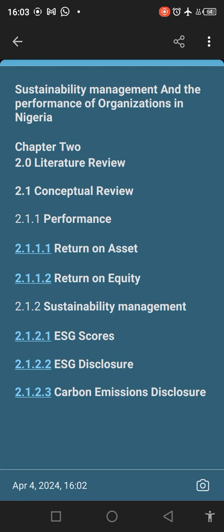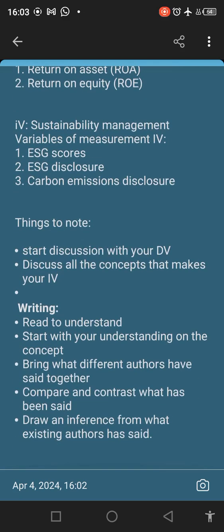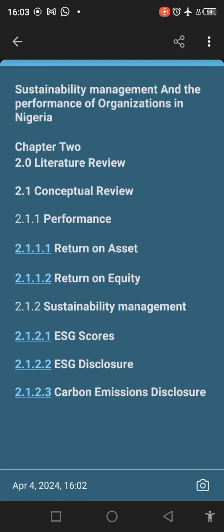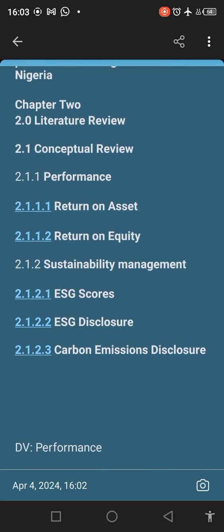All right, let's move to the second thing we need to take note of. Number 2. We must discuss all the concepts that make up our independent variable. We've shown that here. Number 1 says we must discuss all the concepts that make up our dependent variable. That's what we have here. Performance. And underneath performance, we have return on assets.